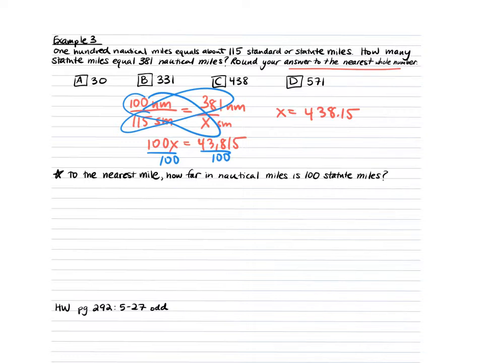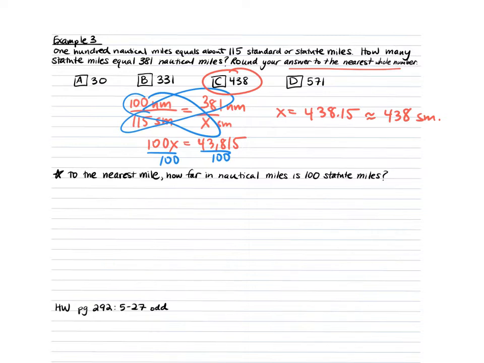If we're rounding to the nearest whole number, this is my whole number place. Since this is an 8, it's going to be 438, and the number after it, this 1, is less than 5, so we're going to keep the 8. So this is rounded to 438 statute miles, which is C.